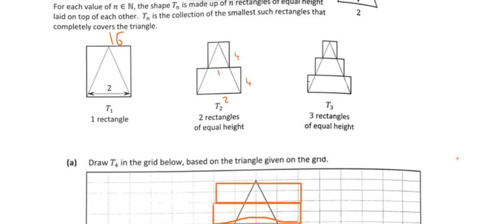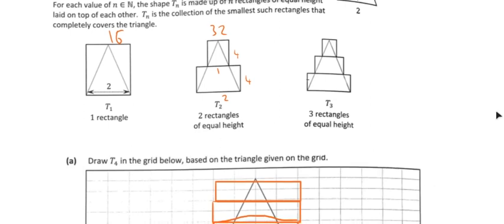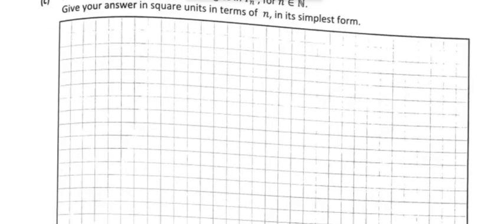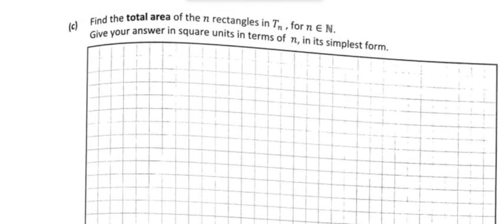So therefore you do 4 times 2, which is 8, times by 4, which is 32. Okay, so we're getting 16 and 32, and then 32 over 3. So we have to develop a sequence from this.